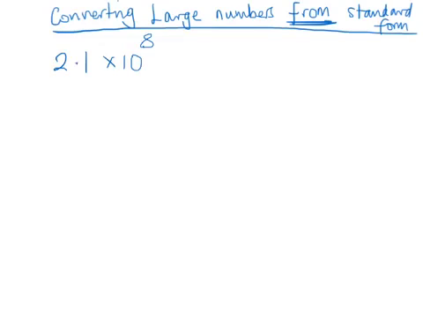And we want to write that as a normal number. But it's going to be quite a large number because we need to move the decimal point 8 times. And we know it's a large number because this is a positive number. In order to turn this into a large number, we need to move the decimal point to the right.